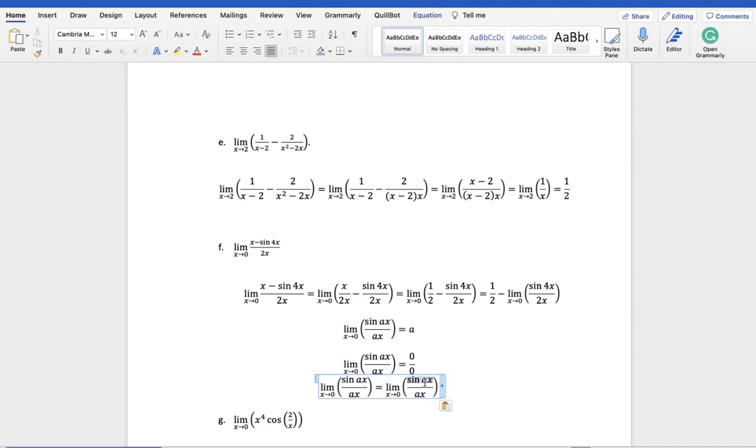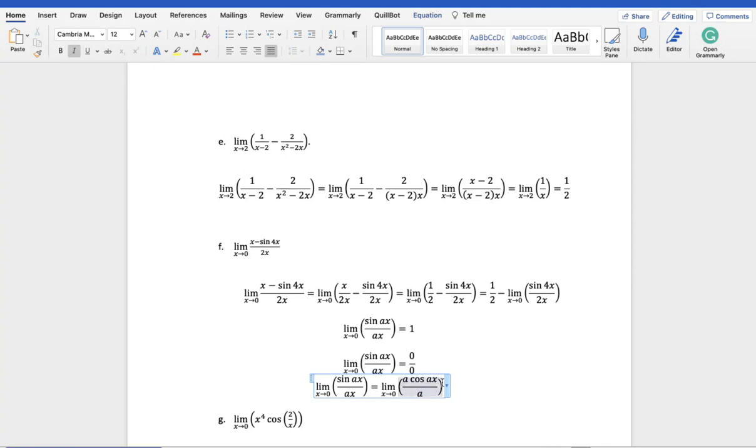So if you do that, you will get in the numerator, oh, I think I made a mistake. It should be 1 there. Sorry. You will get in the numerator a multiplied by cos ax, and in the denominator, you'll have just a.